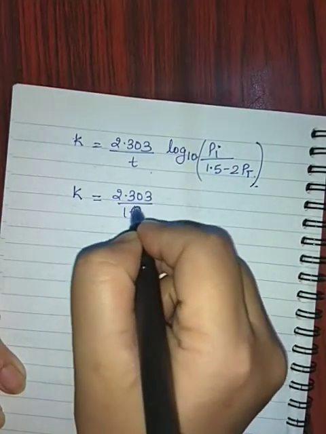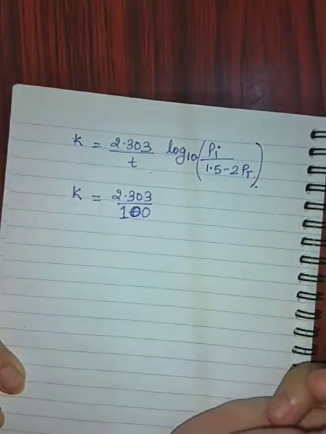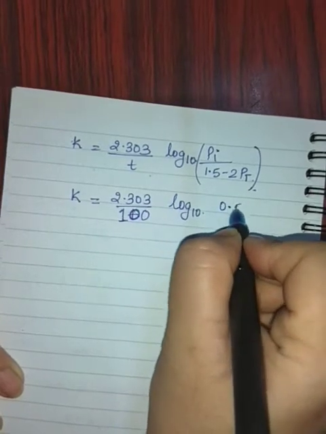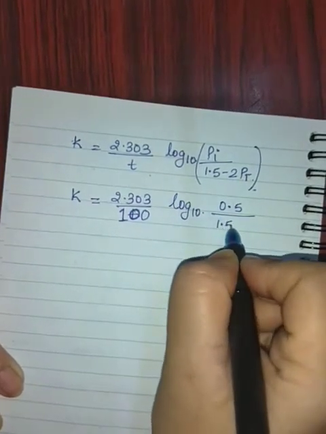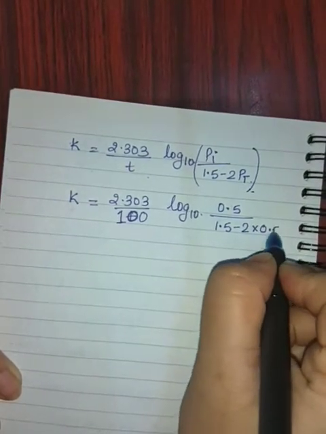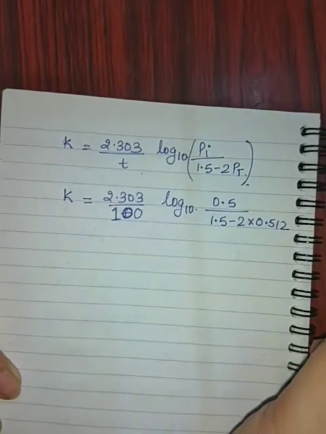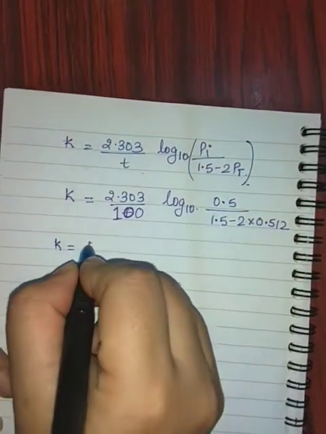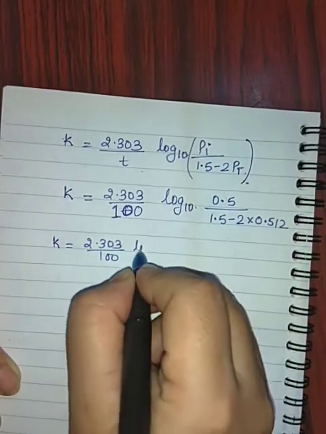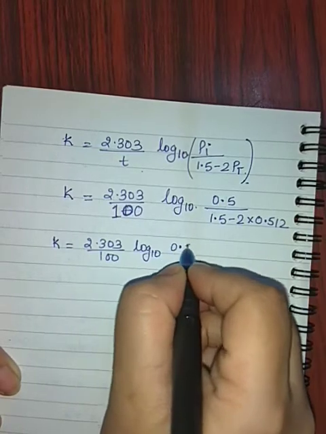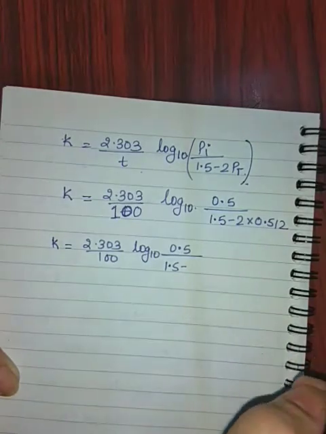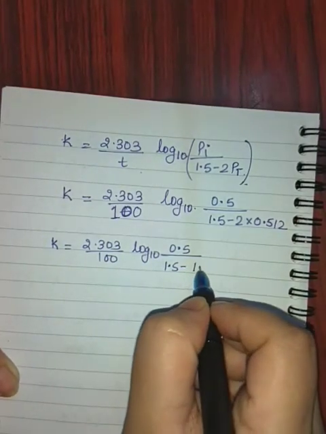What is t? t is 100 seconds. Log to the base 10. Pi is 0.5. This will be 1.5 minus 2 into, what is the Pt given at 100 seconds? 0.512. So k is equal to 2.303 upon 100 log to the base 10 of 0.5 upon 1.5 minus 2 into 0.512, which will be 1.5.